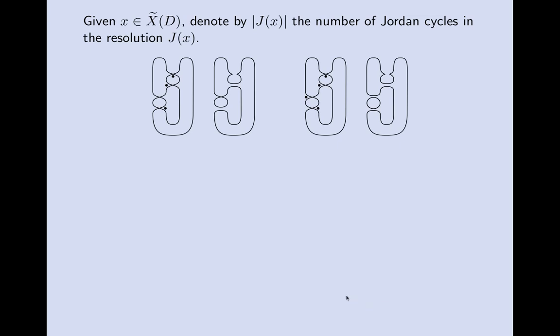Again, just as before, if we have a partial Kauffman state, we can consider its Jordan resolution. So we resolve for each of the components of the partial Kauffman state. We open the diagram in the direction the dot is going to. The main difference here is that, like in this case, we do not get an embedded circle.